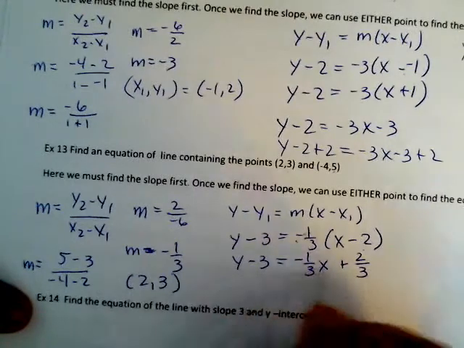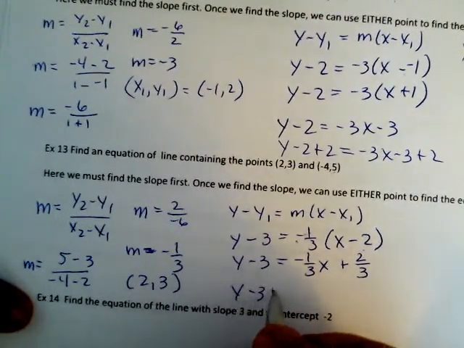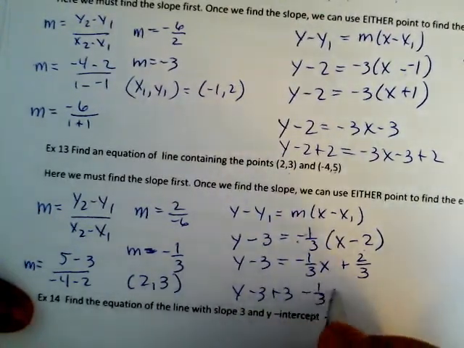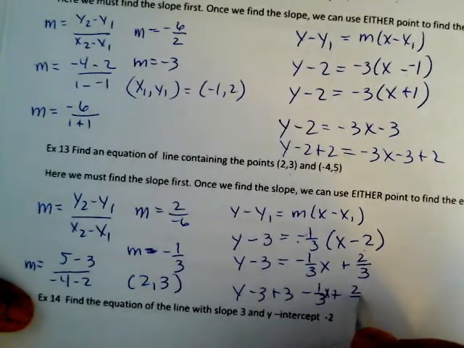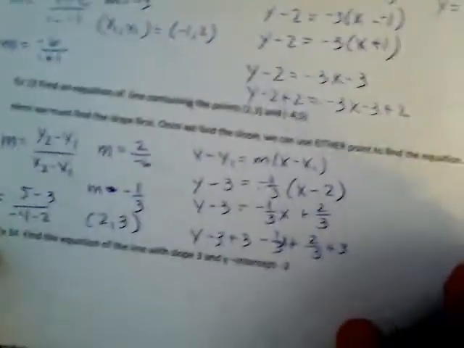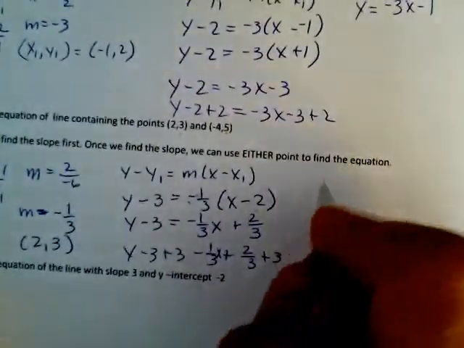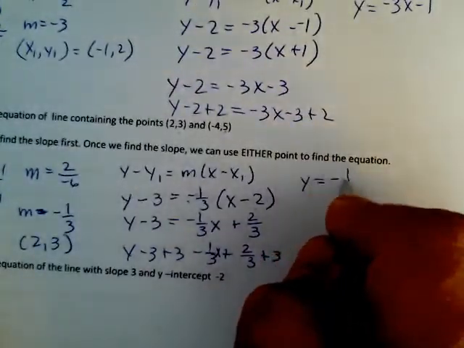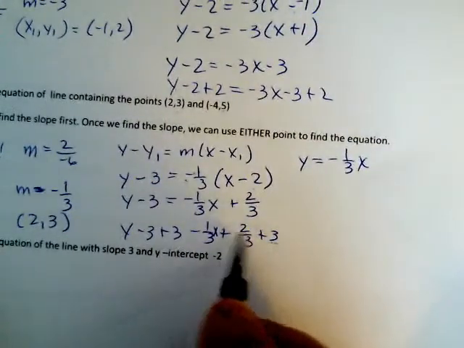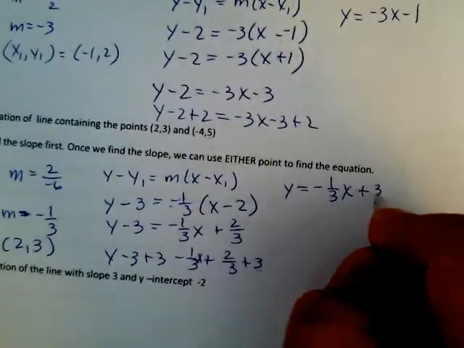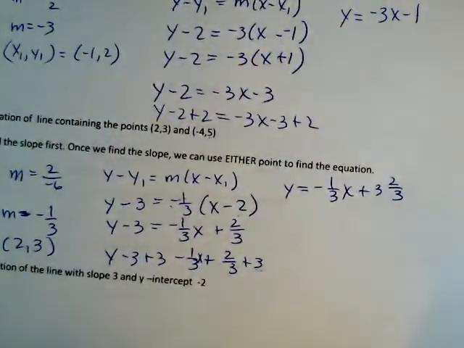Okay, when we add this 3 to both sides, what happens is you get the negative 1/3 x. Well, anytime you have a whole number plus a fraction, it just becomes a mixed number, 3 2/3.